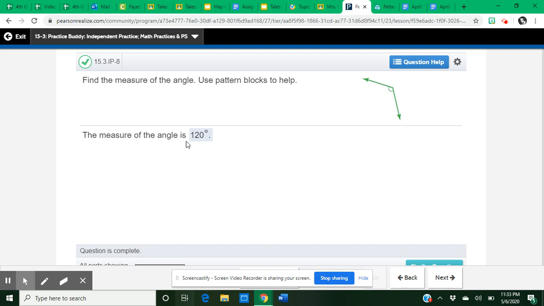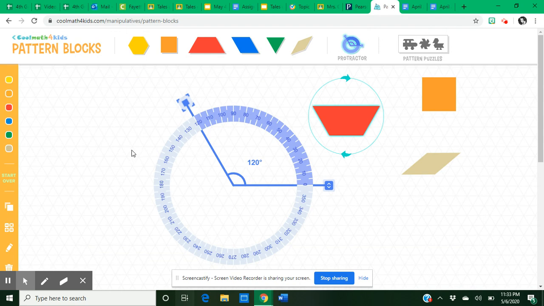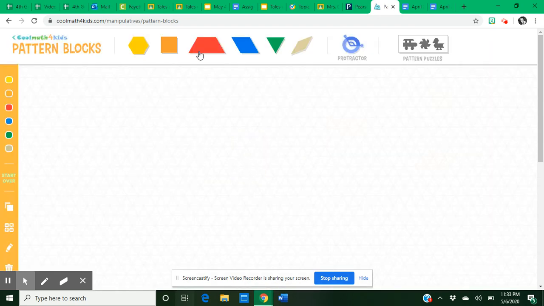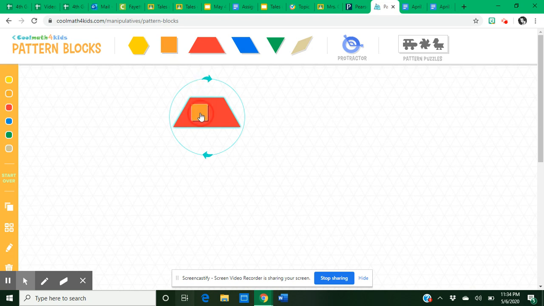Okay, so I'm not going to continue on with the rest of them, but you should get questions that are similar to these. These pattern blocks, you can move and change and start over as you need to manipulate them. You can compare them to each other, just like we did. We used our trapezoid and we put our square over top of it to see that this angle was much wider than our square.